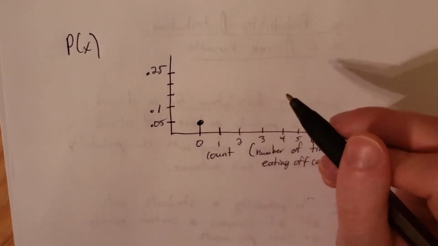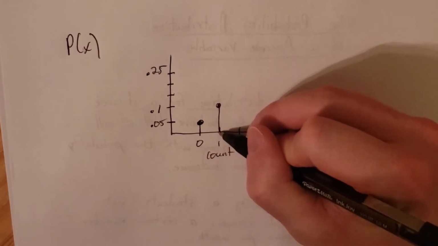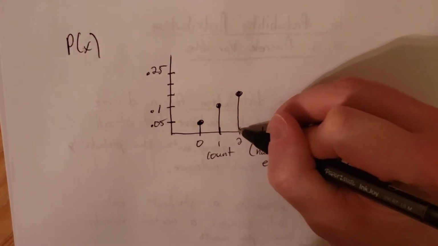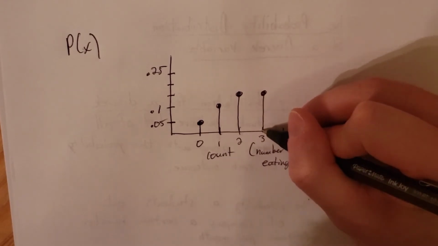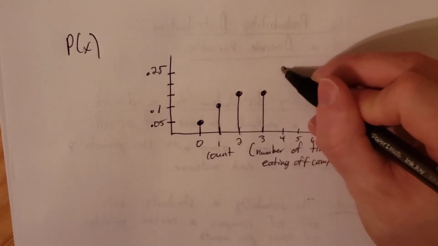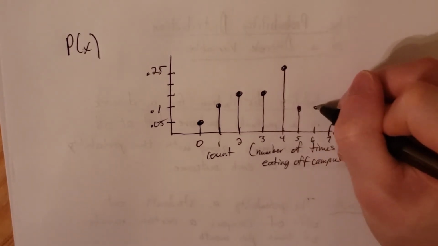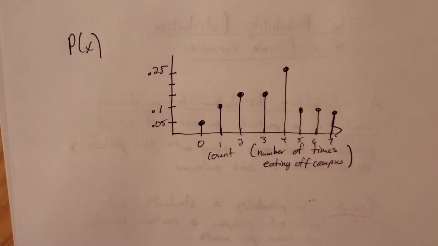So 0, it was 5%. 1 time off campus was 10%. 2 times off campus was 15%. 3 times was also 15%. 4 times was 25. And then 5, 6, and 7 were all at 10% each. And so this is an example of a graph of a probability function for a discrete variable.